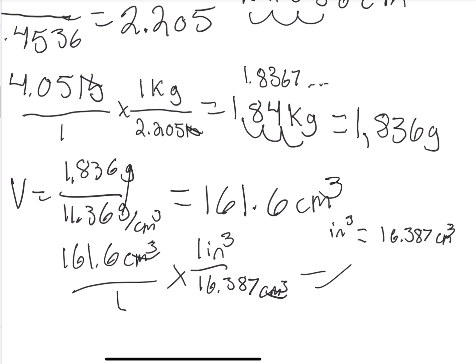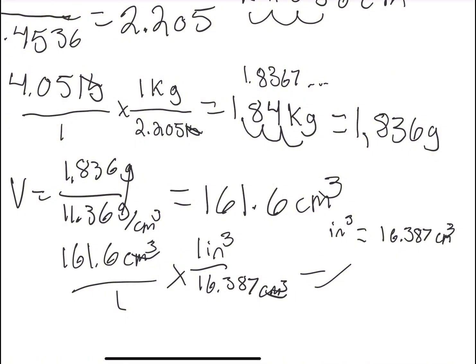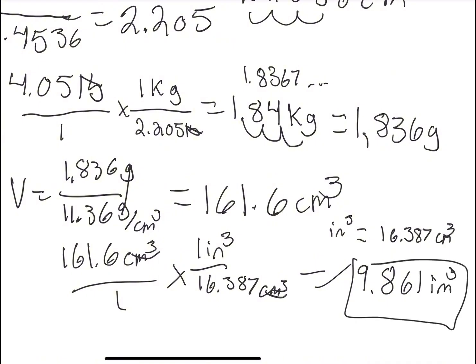And then cancel out our centimeters, and then we do 161.6 divided by 16.387, which is going to give us our final answer of 9.86 inches cubed. And this is our final answer for the volume.